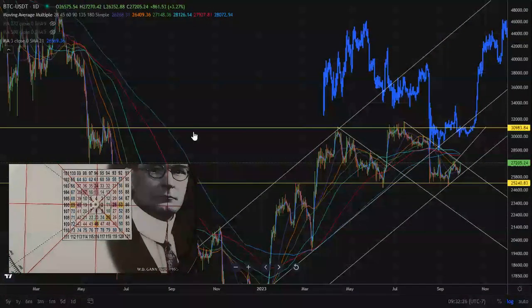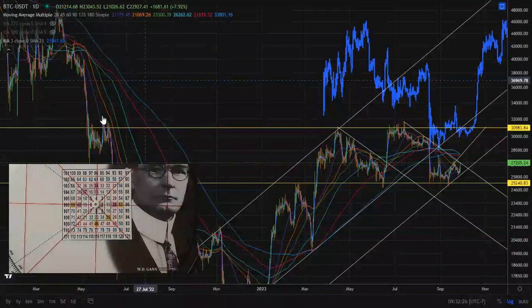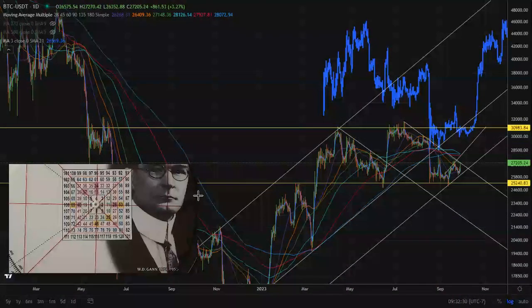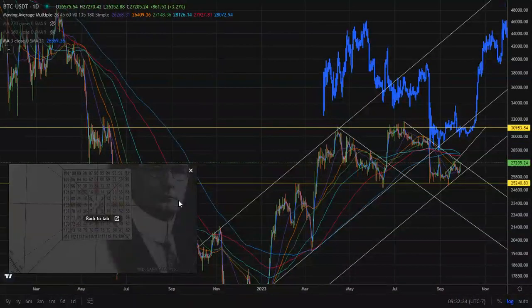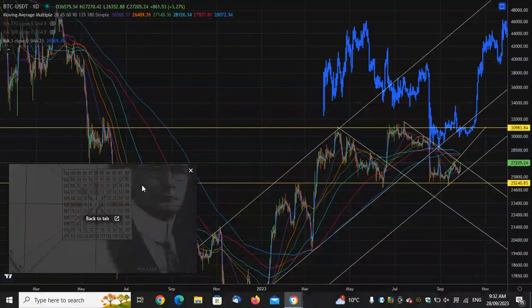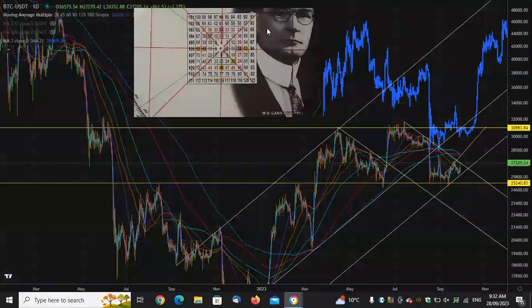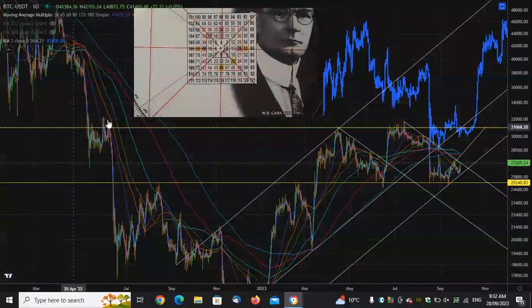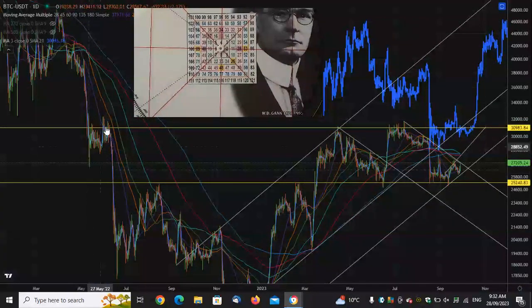Right now we are consistently fighting this whole entire area here. Let's just move Mr. GANN up here, give him a place to watch over us. So we're consistently staying in between this band right here.